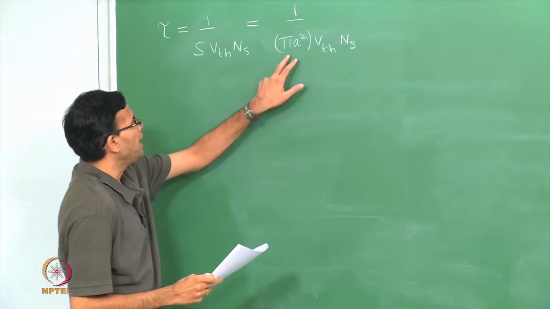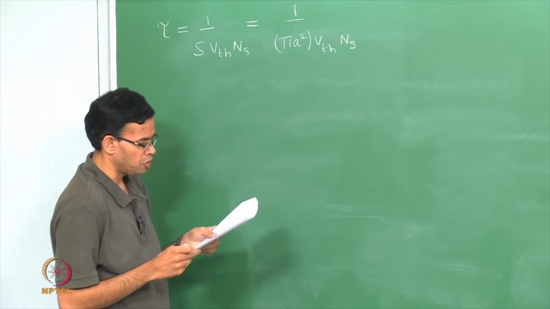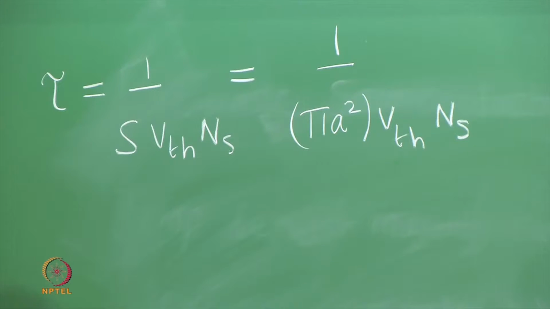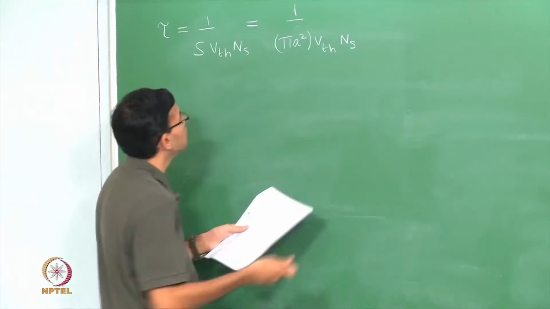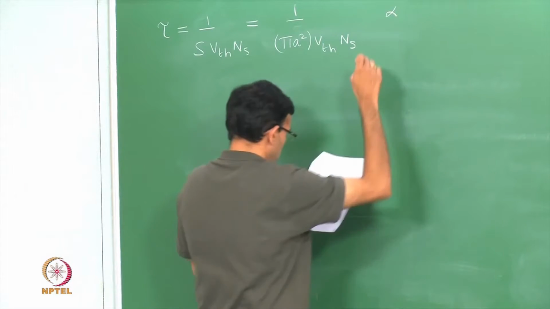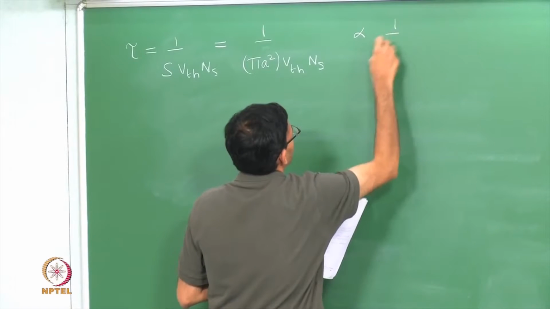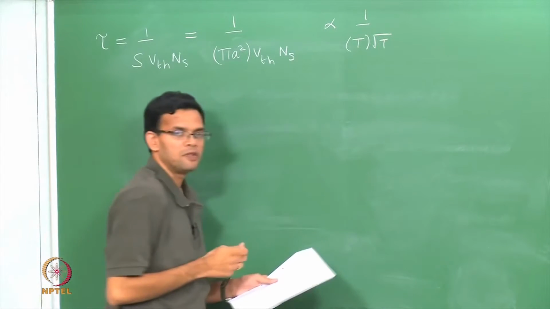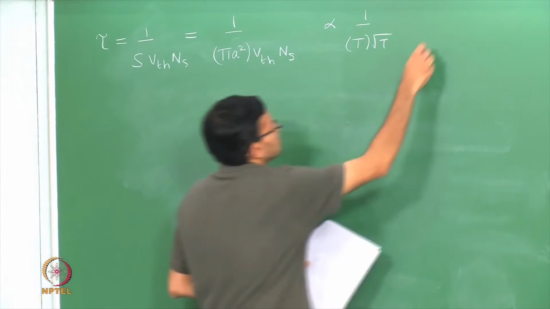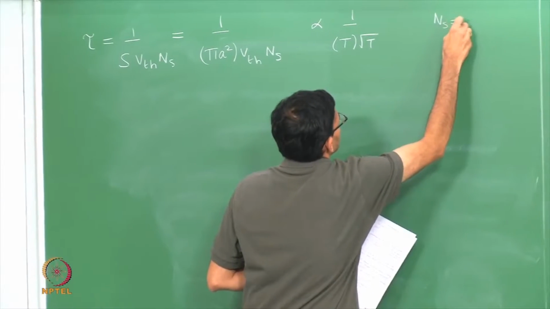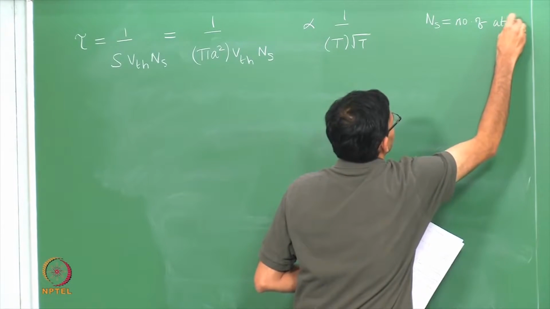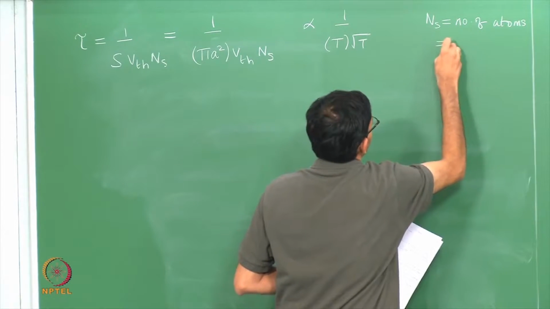We found that pi a square is directly proportional to the temperature, and V thermal is proportional to square root of the temperature, which means tau is proportional to 1 over T times square root of T. Ns is the number of atoms, and that is usually a constant.